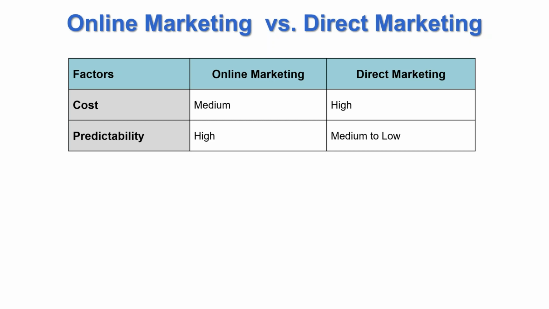It's predictable, it's reliable. We know within a pretty tight band how the performance is going to go. Direct consumer marketing has far more variation. We've run campaigns and seen clients run campaigns that have been pretty successful with direct marketing, but a lot of times they're a huge waste of money.